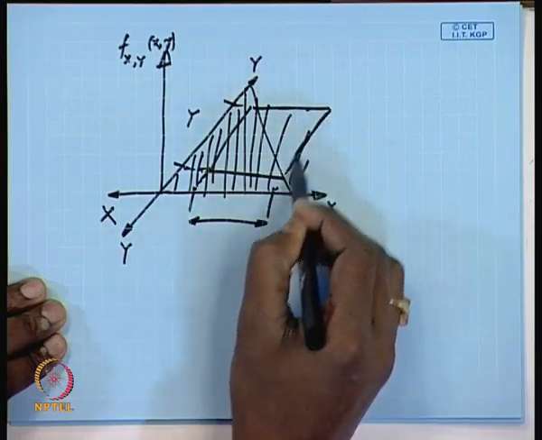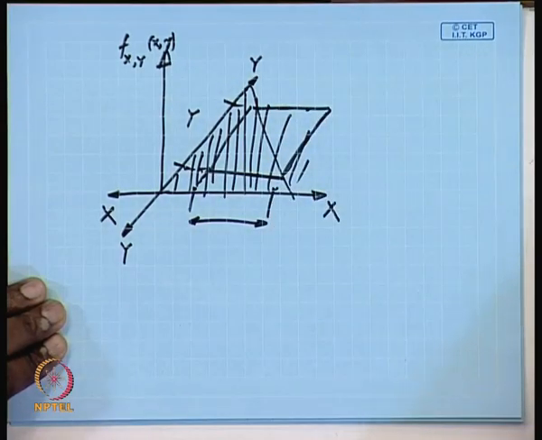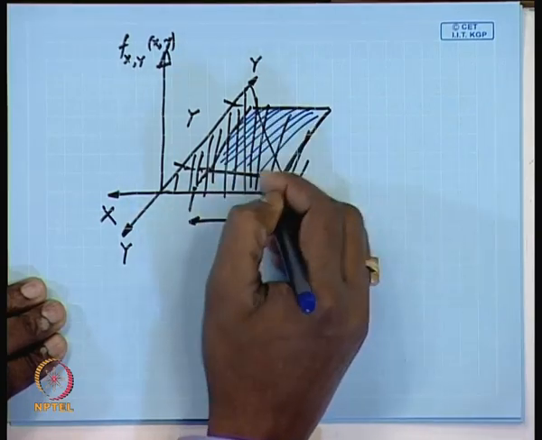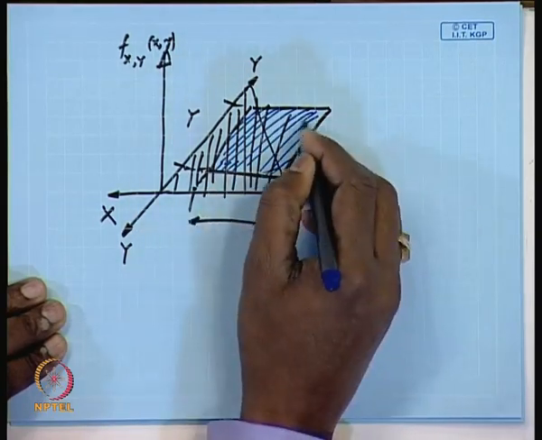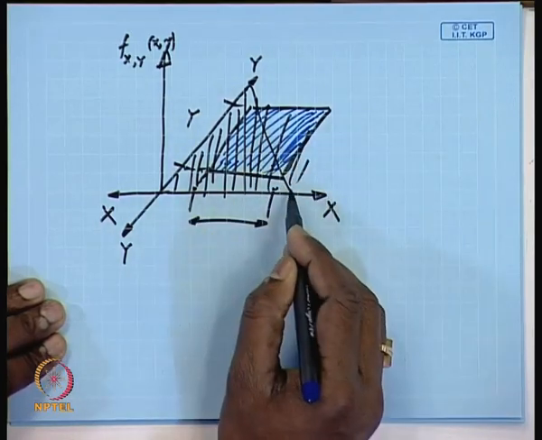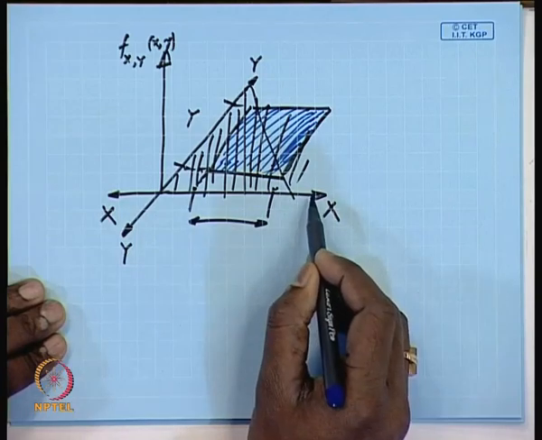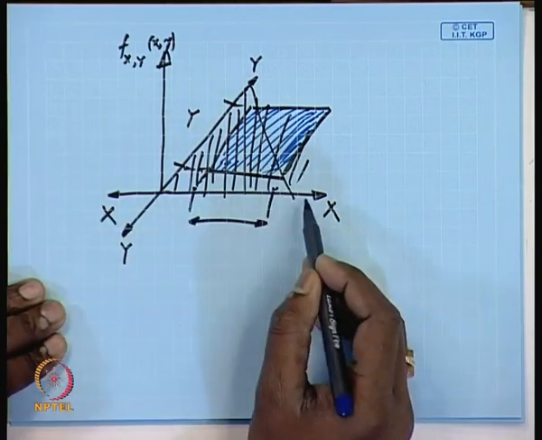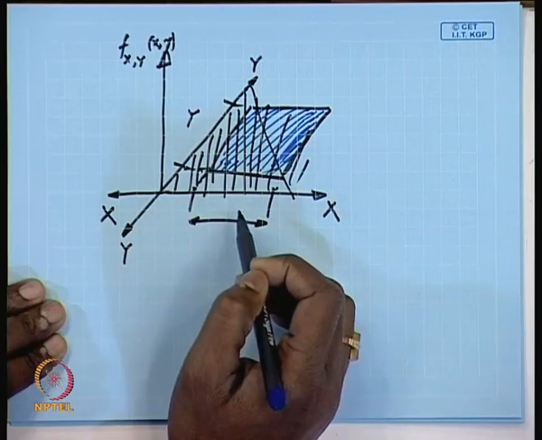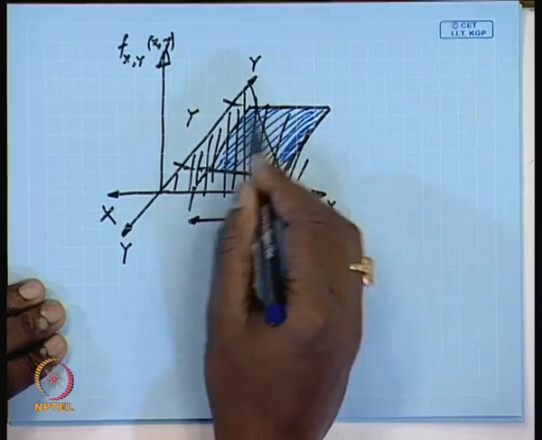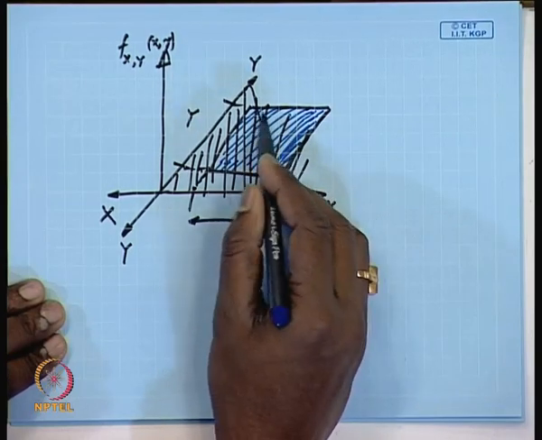So this is the area where the probability is distributed. In the case of a single random variable, we have seen that the probability distribution is over a line, over one axis, and here in the bivariate case, it is over a two-dimensional space.